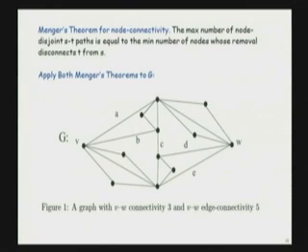And to get some engagement from the class, I'd like you all to try to apply Menger's theorem to this graph. If you have a piece of paper, take it out and find for me this equality for both edge connectivity and node connectivity. And I'll even tell you what it is. The node connectivity is 3. What does that mean? It means that there's a removal of 3 nodes that disconnect S from T, or in this case V from W, and any 2 nodes don't disconnect it.